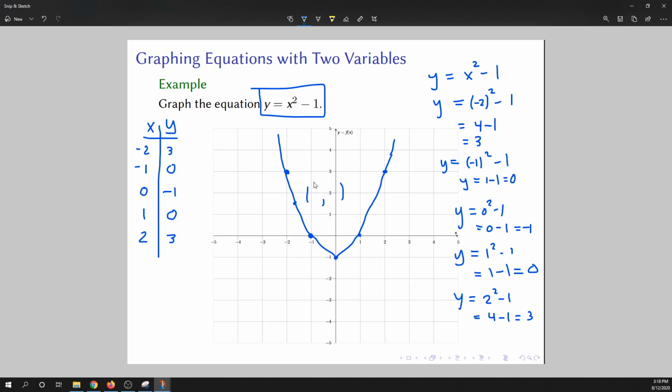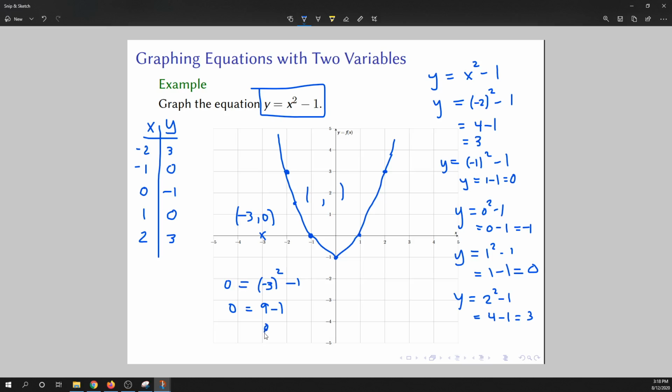It is a solution. And then if I pick any point that's not on the graph, over here, like this point, negative 3, 0, if I plug the negative 3 in for x, and plug that 0 in for y, I'm going to get a false statement. It's not a solution.